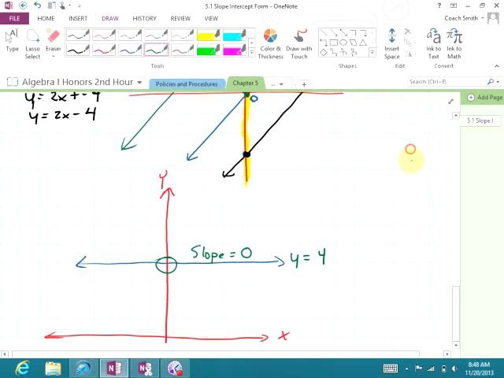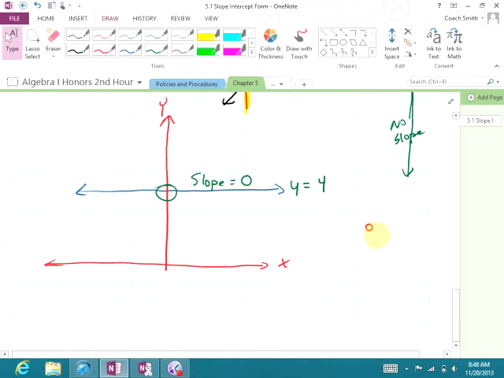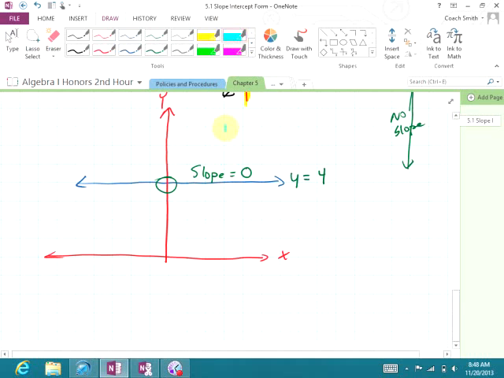Remember, on a vertical line, there's no slope, and so you obviously can't put a vertical line in slope-intercept form, because there is no slope. If I had a vertical line like this right here, does that vertical line ever cross the y-axis?